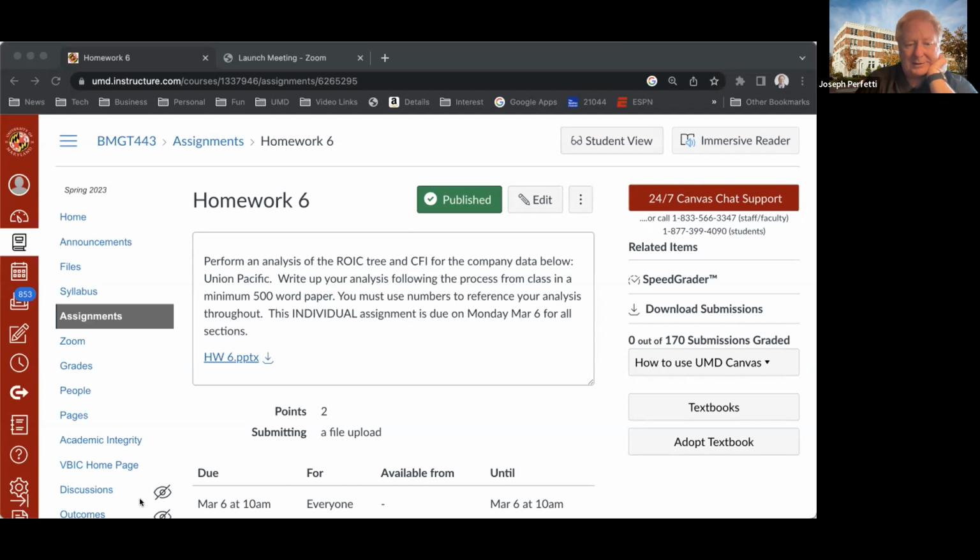Let me make this full screen. Just make it a little bit easier to see. Okay, so one of the things that you should have said is that Union Pacific's ROIC went from 12.4% in 2018 to 13.3% in 2022.